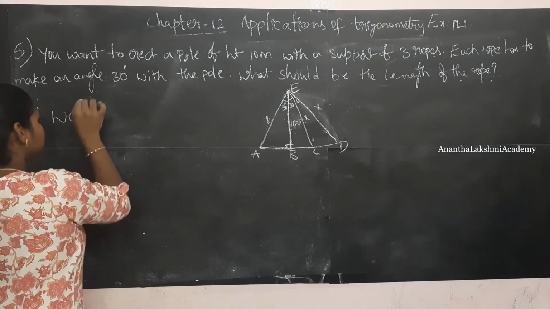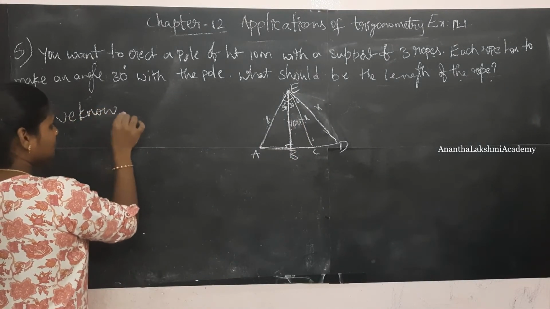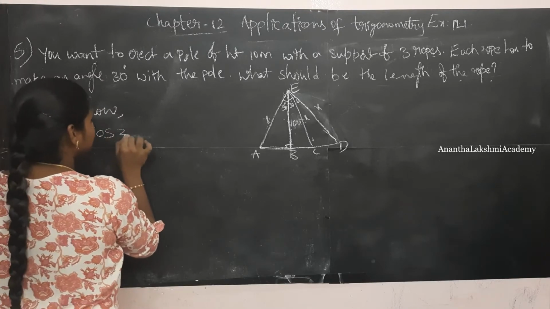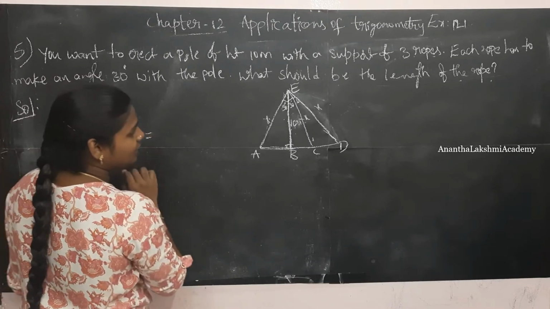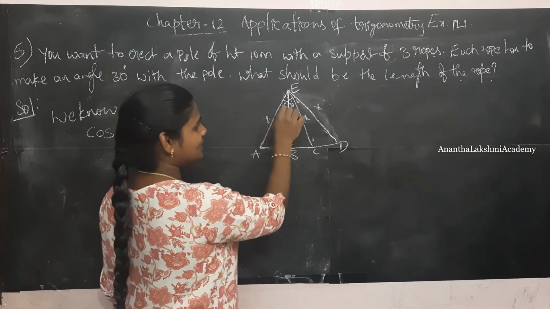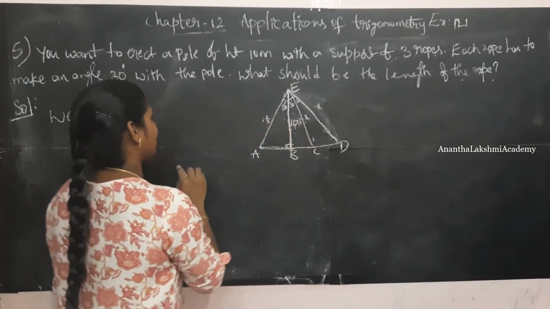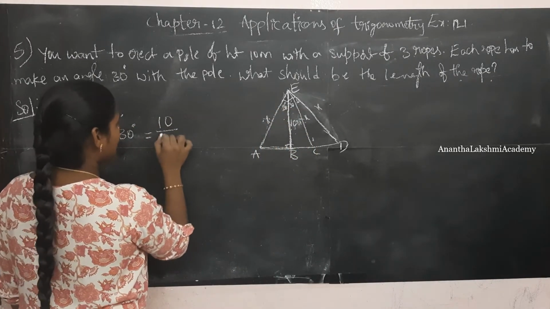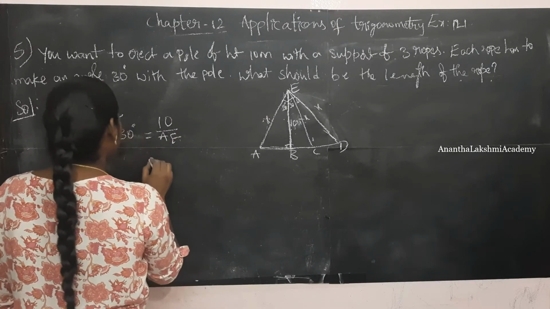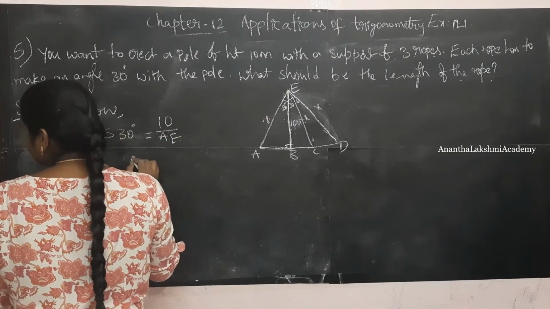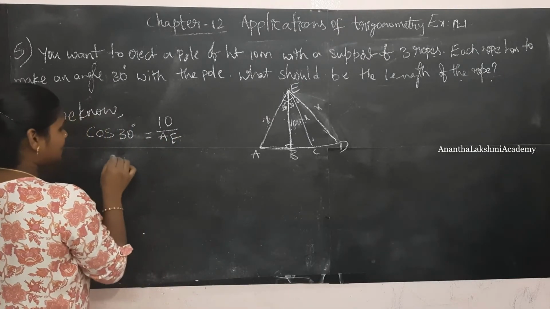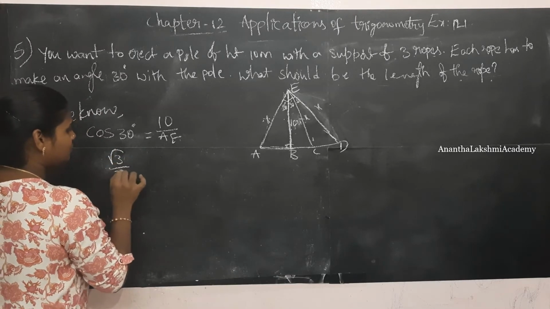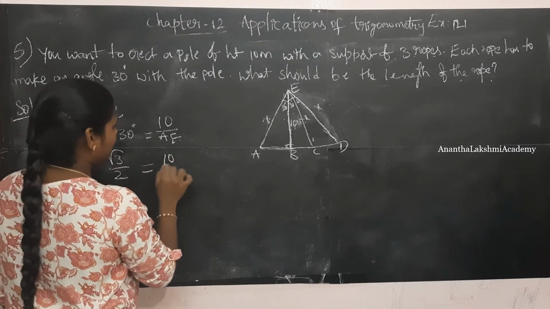We know cos 30 is equal to, what is cos 30? 10 by x. 10 by AE. Cos 30 is root 3 by 2, which is equal to 10 by AE.